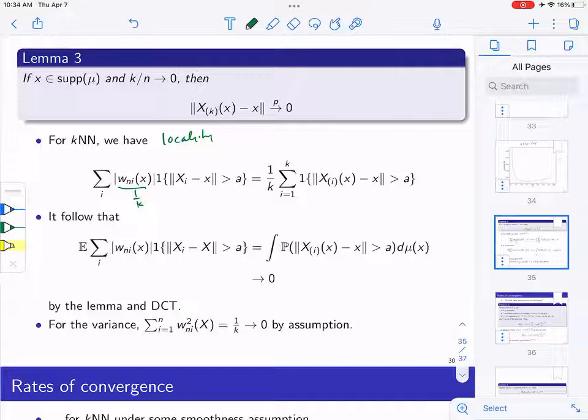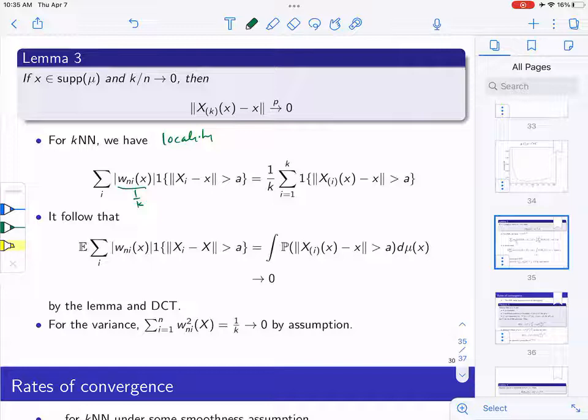So this is saying that if xi is the ith nearest neighbor where i is less than k, this is going to be 1 over k, and otherwise it's 0.